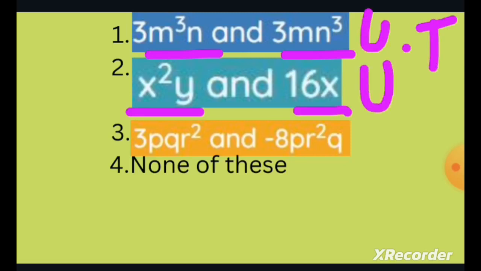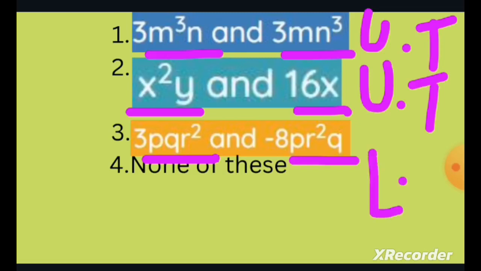So this is also an unlike term. Now in this case, pqr square and pr square q. You will see that here we are having the same variables and the power is also the same in these two terms. So this is an example of like terms.